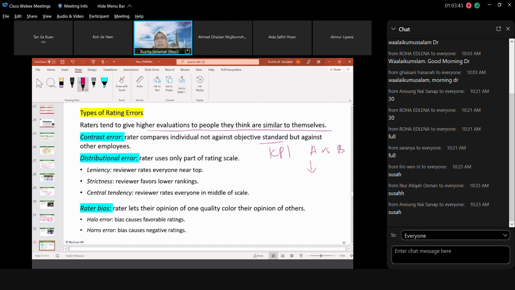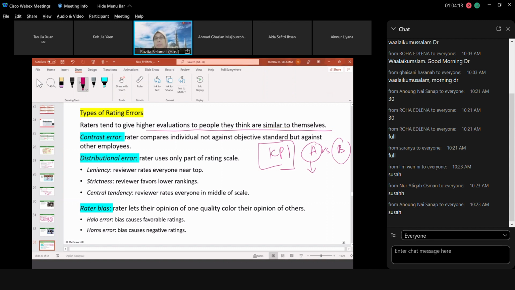Boss akan terkeliru. Sebab A lebih rapat dengan dia, tapi kerja A taklah bagus sangat, tapi B yang lebih bagus. B shows better performance, cuma dia jarang nak bercakap dengan boss. So when the boss compares A with B, not against their achievement, not against their KPI, that can be a form of contrast error.